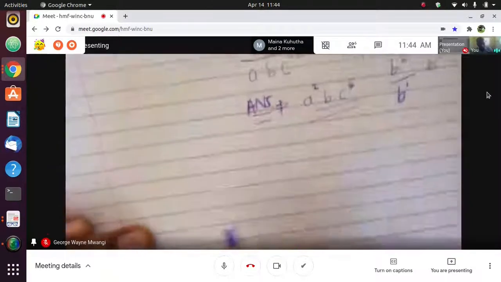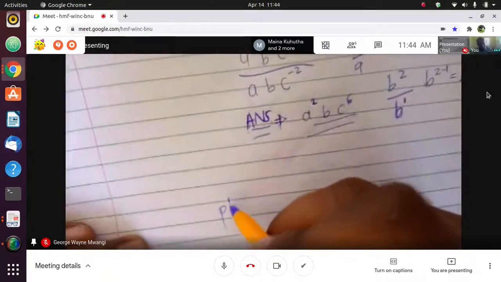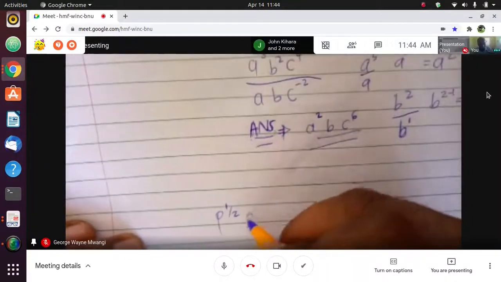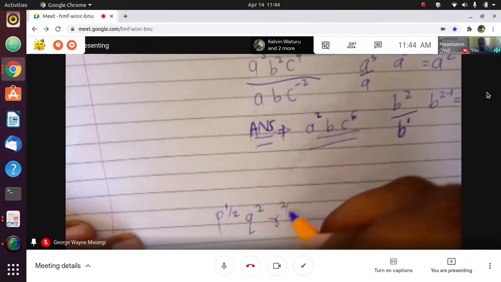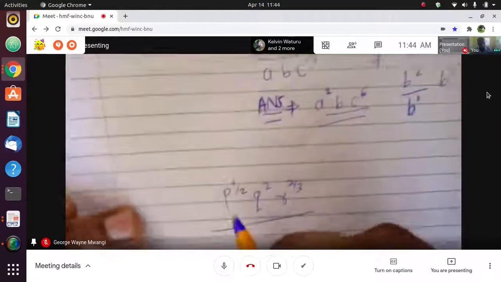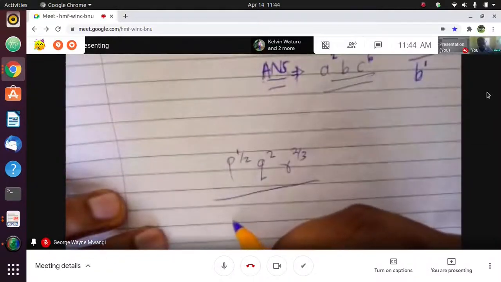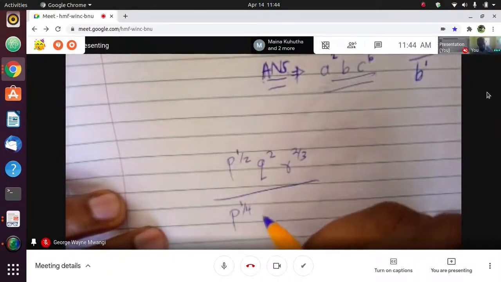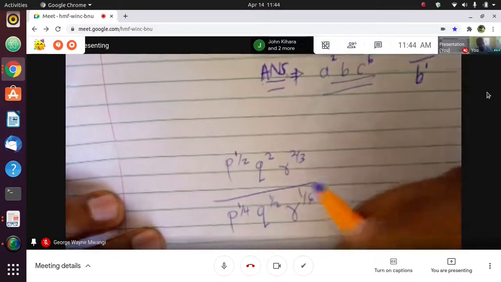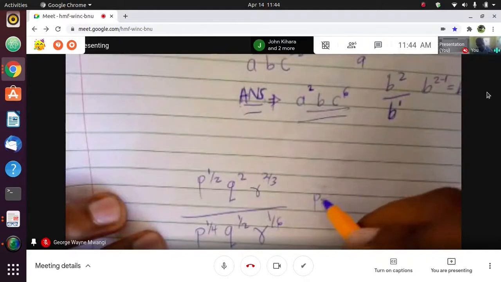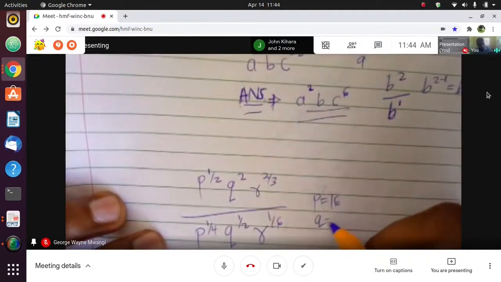Haya, tufanye hii. P raised to power half, q squared, r raised to 2 over 3, all over p raised to a quarter, q raised to a half, and r raised to a sixth. Given that p is equals to 16, q is equals to 9, and r is equals to 4.